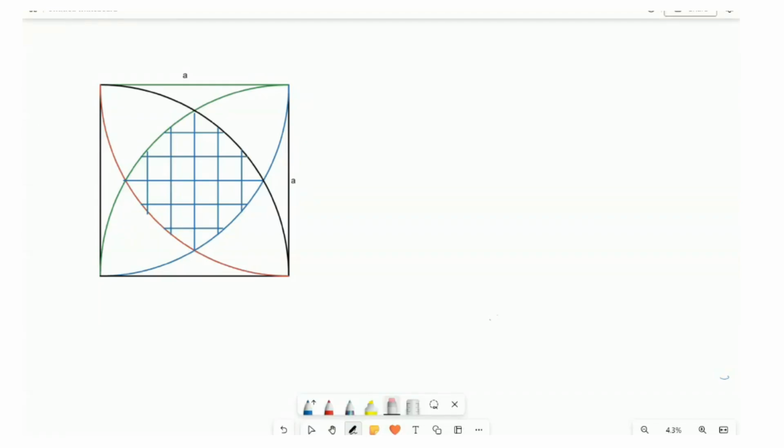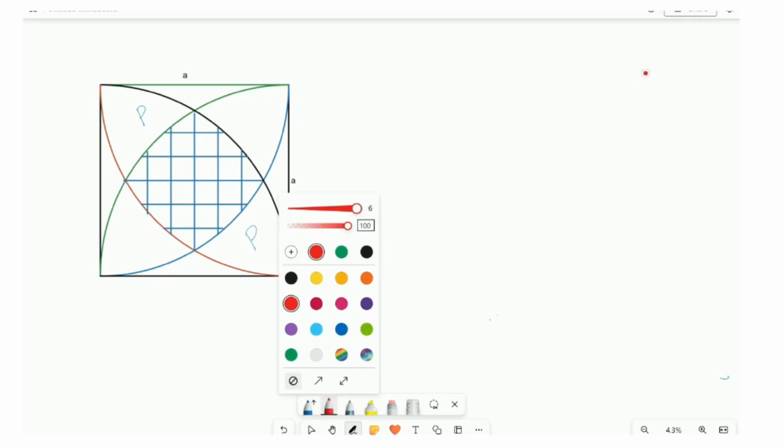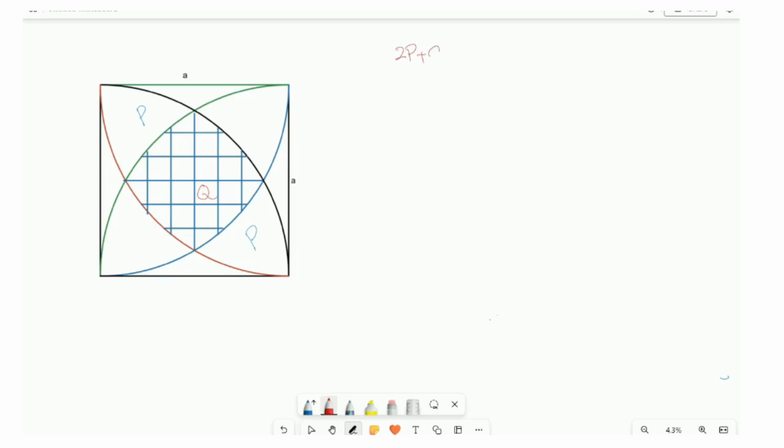Okay, now what we have already found is if this area is P, this area also P, and this area is Q, then 2P plus Q is equal to (pi minus 2) A square divided by 2.